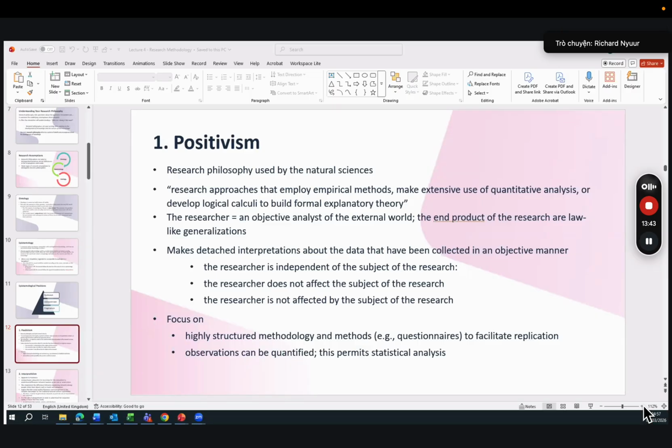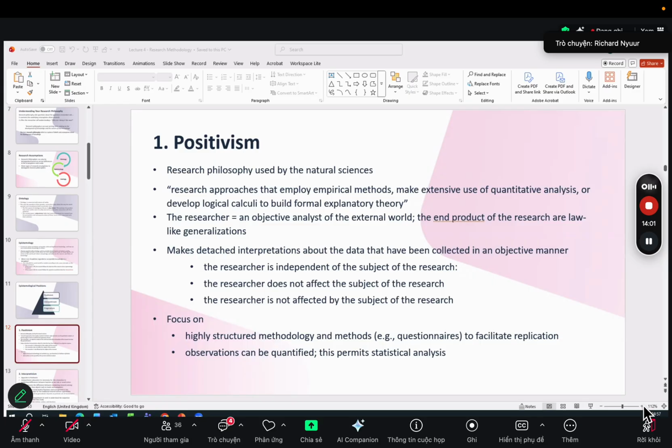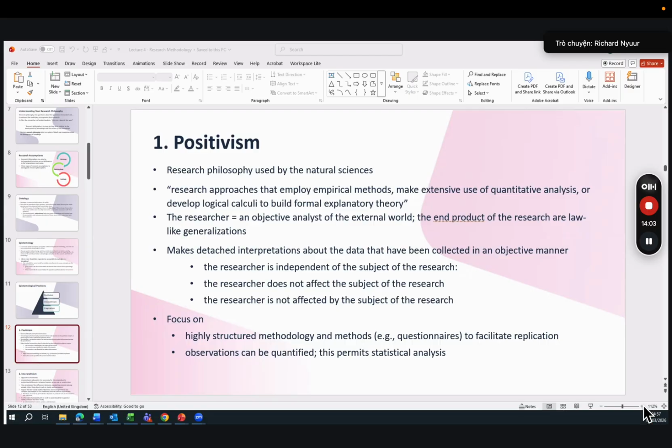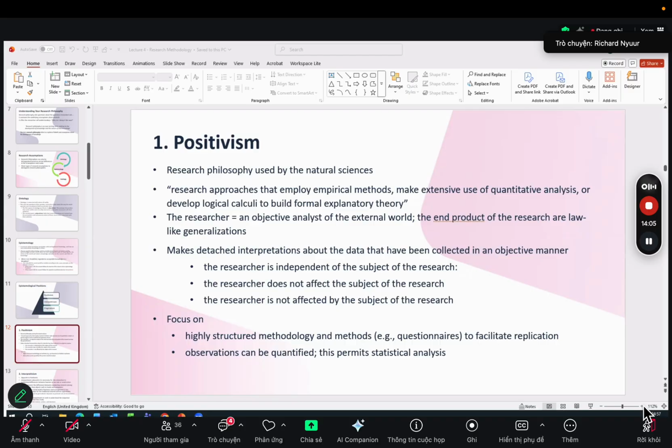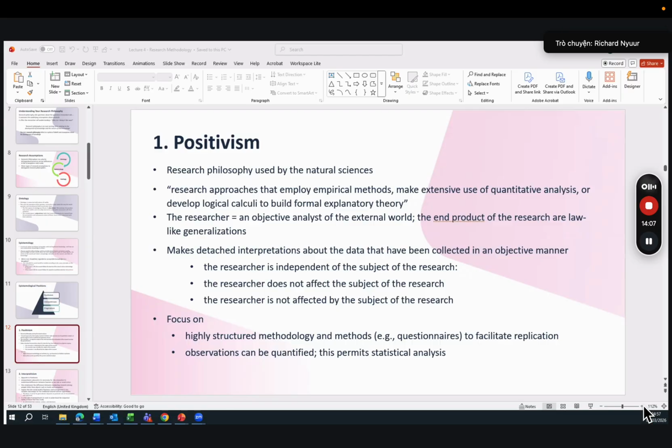So the focus is highly structured methodology, using questionnaires to facilitate replication, so that same method can be used in any part of the world. And the understanding is that once it's an objective assessment, you will have the same answers or the same results in many contexts, subject to perhaps a proper approach to conducting it.